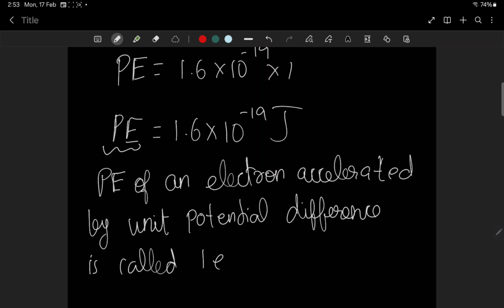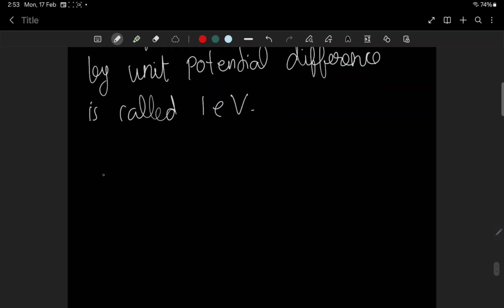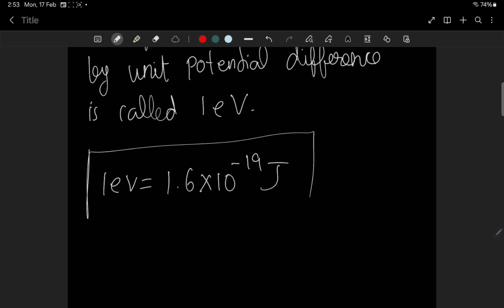It's called 1 electron volt. That's the reason why 1 electron volt is equal to what? 1.6 into 10 raised to minus 19 joule. This is the derivation. What is the definition for 1 electron volt?